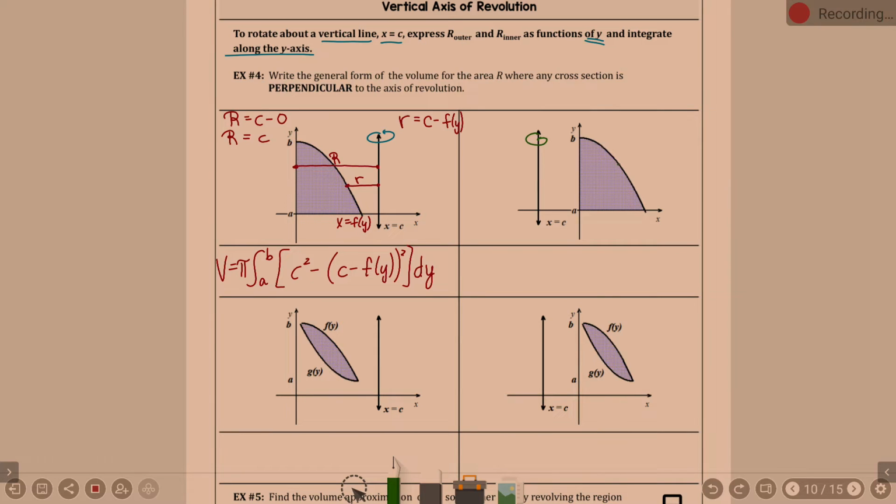Big R is going to go from our curve, which is going to be, I almost started to say f of x, but we need to think about this in terms of x equals f of y, because we're rotating around a vertical axis, we're going to be in terms of y. Big R is going to go all the way from the curve over to what we're rotating around. Little r is going to go from there to there, correct?